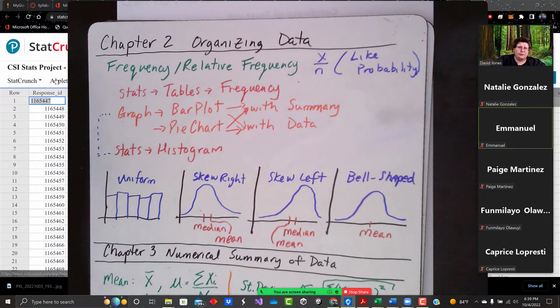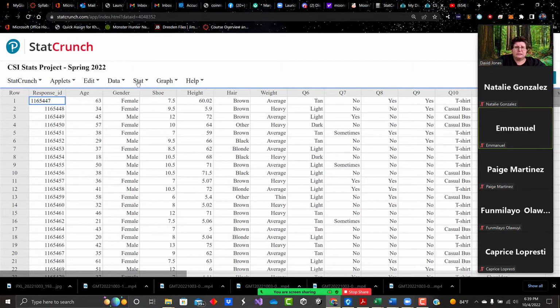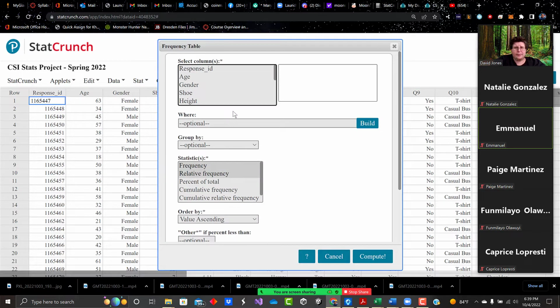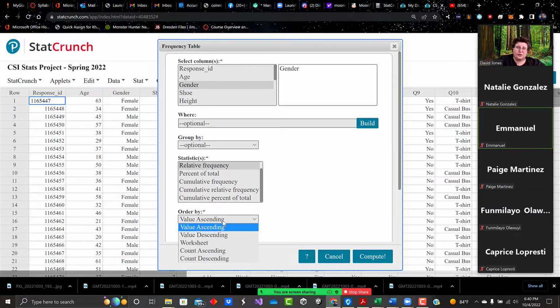We can take a look at doing these things in StatCrunch real quick. So we'll go stats, tables, frequency. Maybe we'll do gender. Good idea to leave it on frequency and relative frequency. You can do order by however you wish.